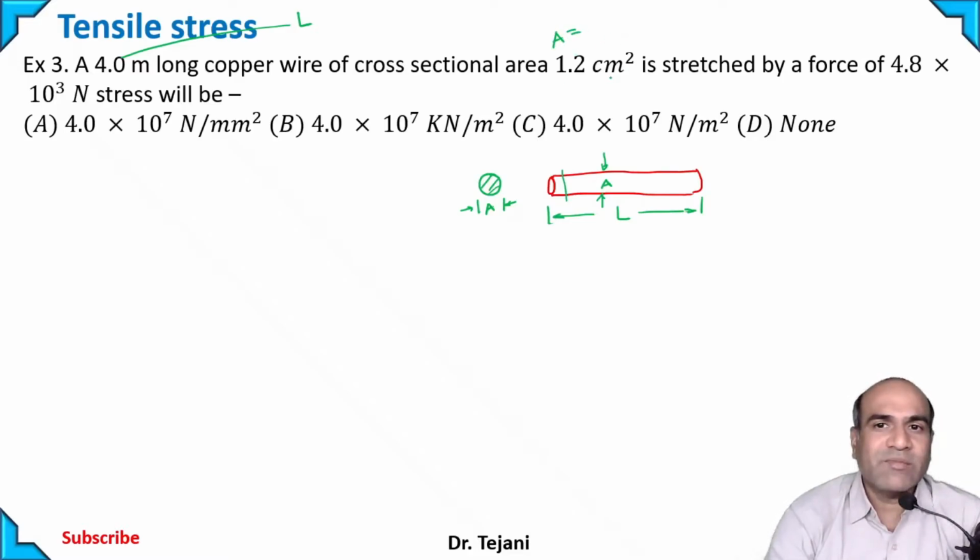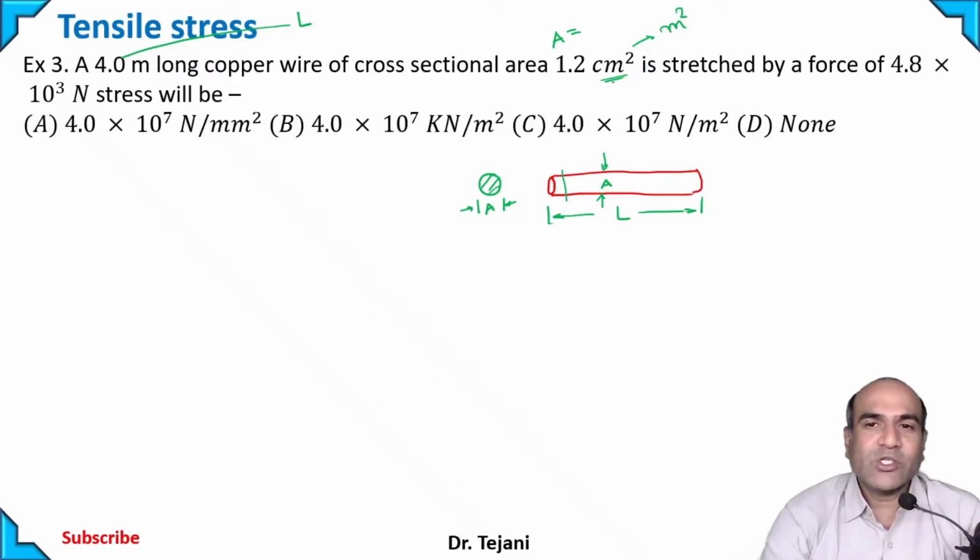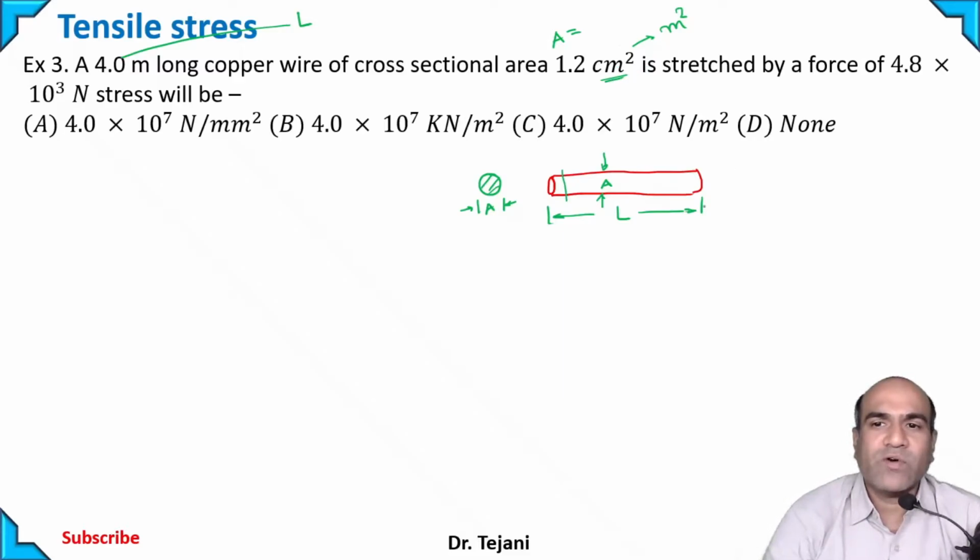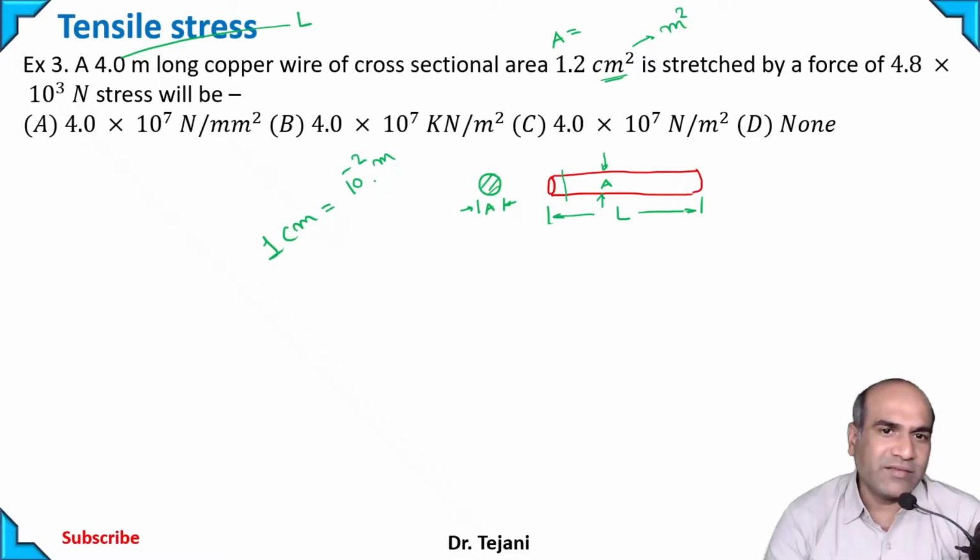If it is given in centimeter square, we need to convert this into meter square. So what is 1 centimeter? Can I say 1 centimeter is equal to 10 power minus 2 meter? That means a 100th portion of a meter.